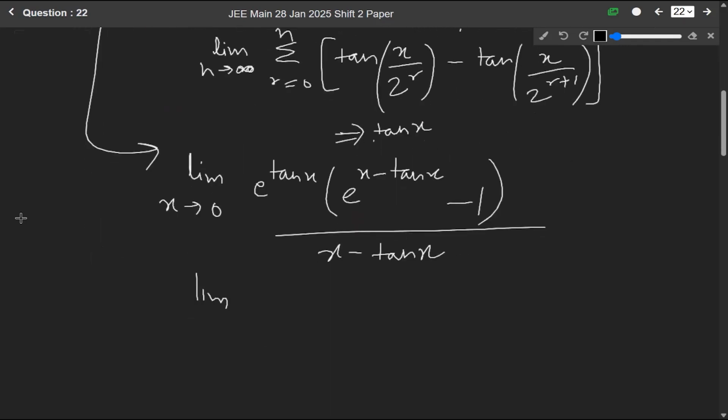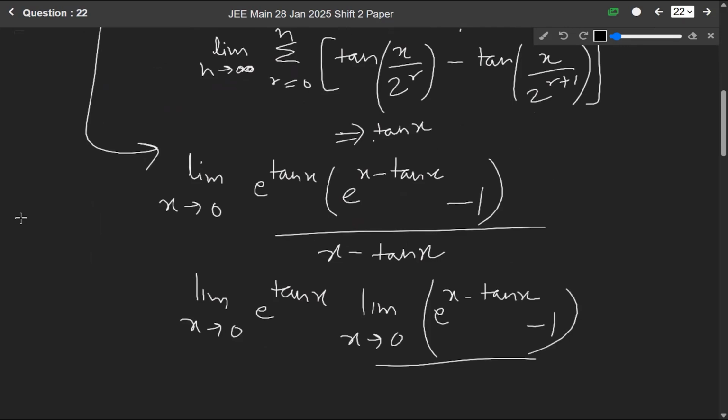So it will be limit x tends to 0 of e^(tan x), and limit x tends to 0 of (e^(x minus tan x) minus 1) over (x minus tan x).